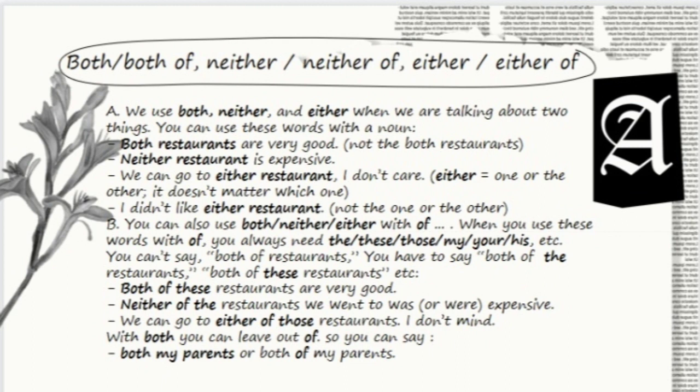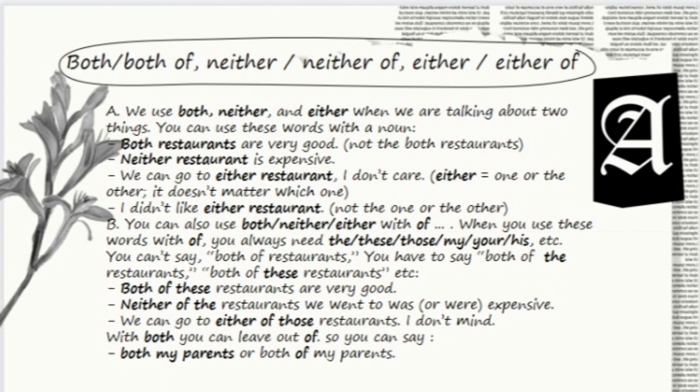B. You can also use both, neither, either with of. When you use these words with of, you always need the, this, these, my, your, his, and etc. You cannot say both of restaurants.